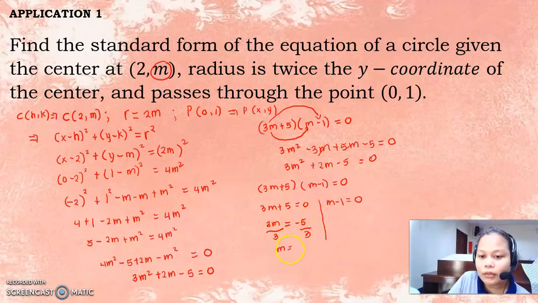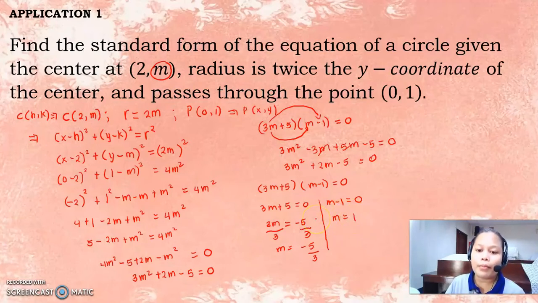So m is equal to negative 5 over 3. Then the next one here, we have m minus 1 is equal to 0. So apply here the addition property. So we have m is equal to 1.